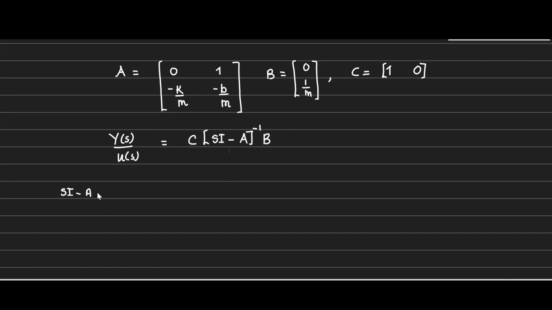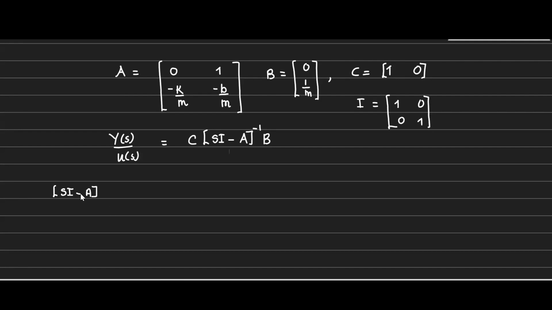Our matrix A is 2 by 2, since it is a second order system, so our identity matrix will be 1, 0, 0, 1. Let us substitute there.